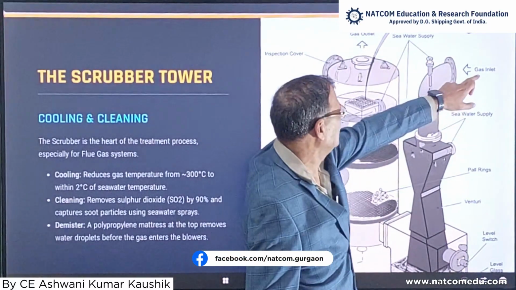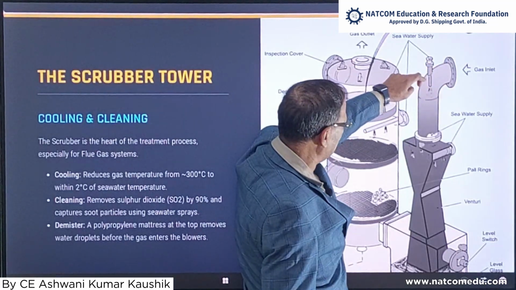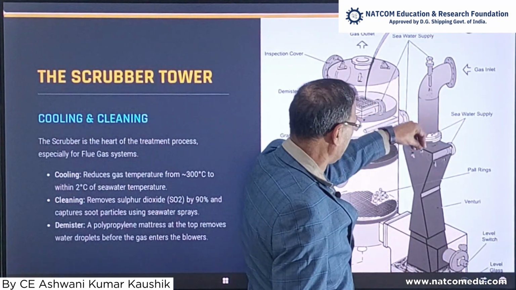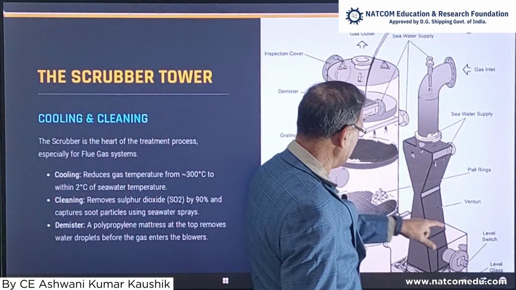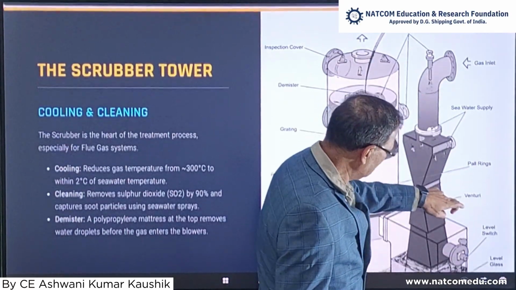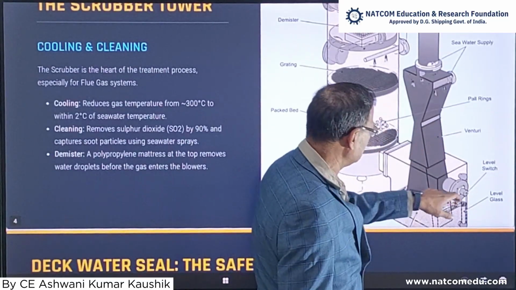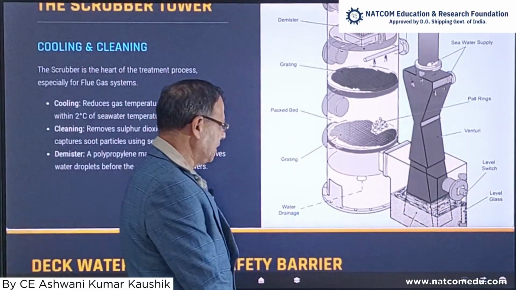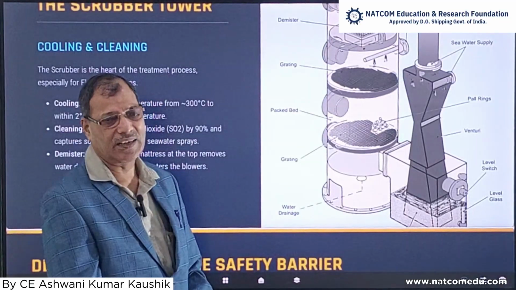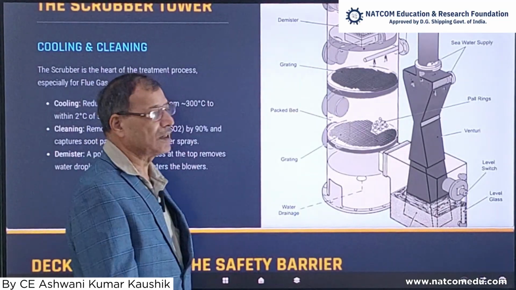Gas inlet, this is coming from the uptake, and after that there is a seawater supply here, and there is continuous spraying in this. This is the venturi, and the level switch is here. In normal routine, we are checking the high level alarm and high temperature alarm of the scrubber system.